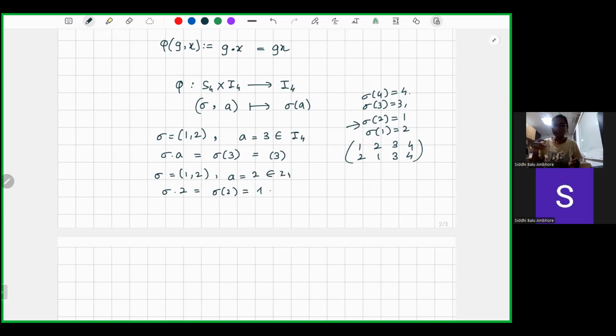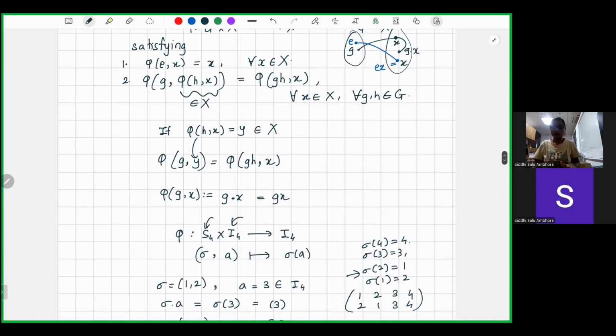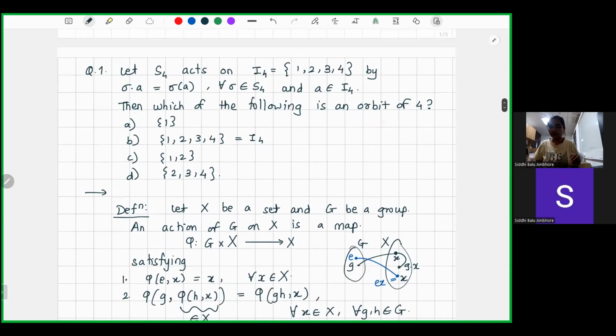So for each element in S4, the way it acts on I4 is different. I hope you understand what I'm trying to say here. And now they are asking us that if this is the action, then what is the orbit of 4?